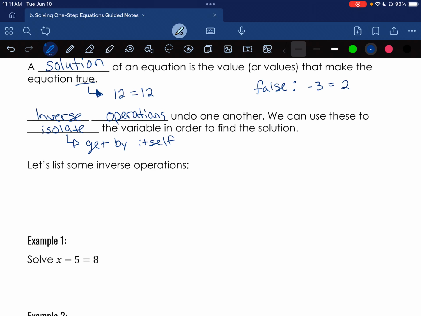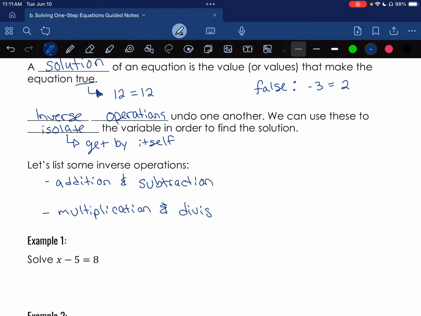All right, so examples are addition and subtraction, multiplication and division, and squaring and square rooting.